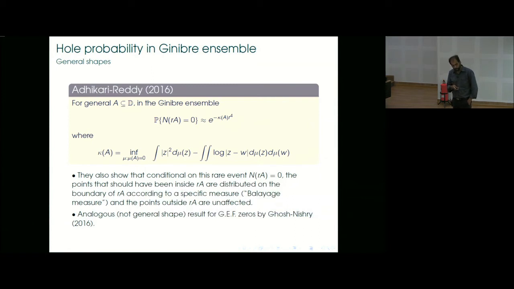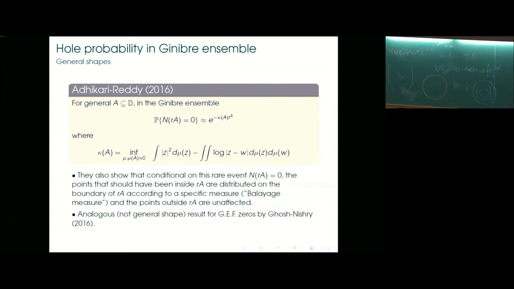In fact they show some more interesting things. One of the things in large deviations is not only to ask for the probability of the large deviation, but, suppose that happens, how does it happen? Suppose that large deviation event happens, then how does the system look? In this case, suppose you have a large square and you condition that there are no zeros inside.